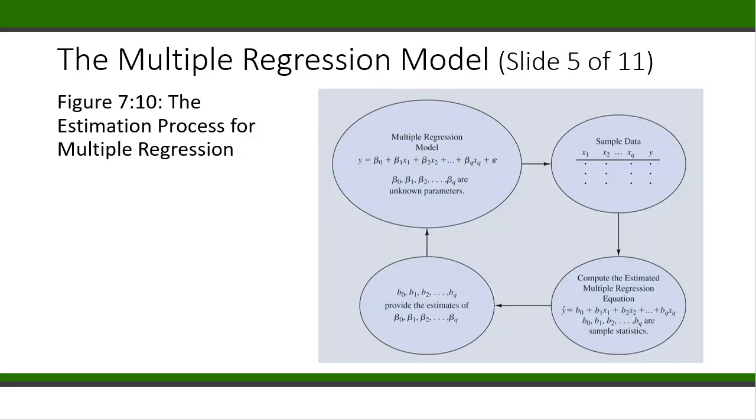So going through that same process again, here is our multiple regression model. We have some data that we're collecting. We estimate the b's, and the b's provide estimates of the betas for each one of those independent variables. And hopefully they are good estimates.